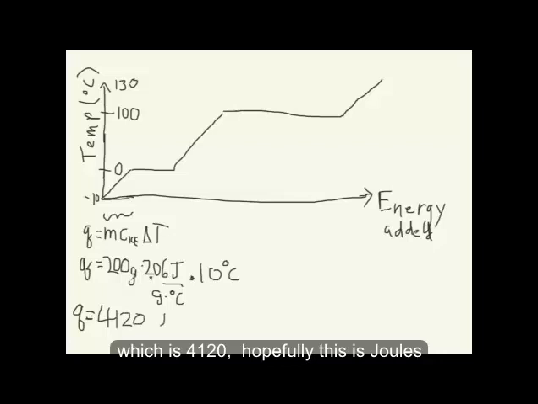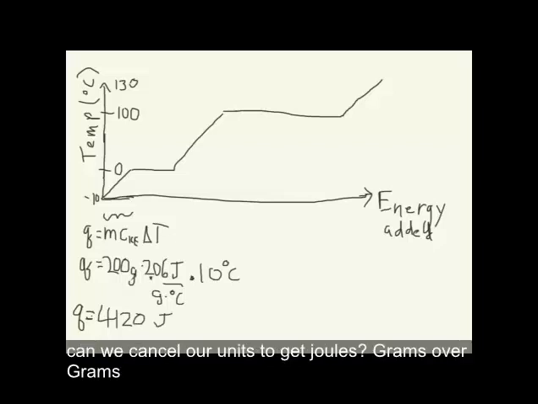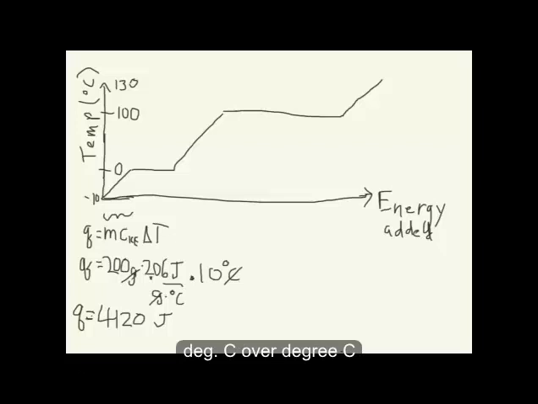Hopefully this is joules. Can we cancel our units to get joules? Grams over grams. Degrees C over degrees C. Yes. So now we've made it to this point on our 5-step process.